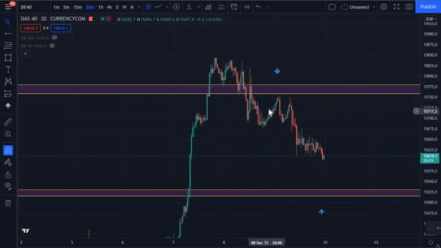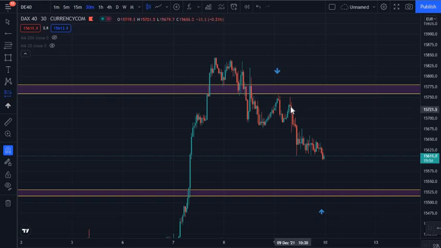As we saw yesterday on the 8th, price got to this level, rejected and pushed to the downside. And what happened today, price went to retest the previous day's highs, and as you can see it tested the previous day's highs and pushed to the downside. This is how it would have played out.